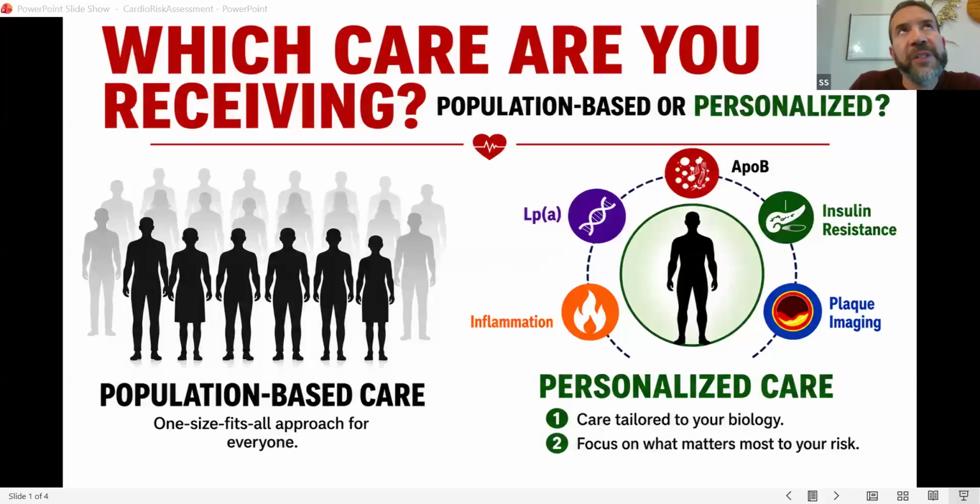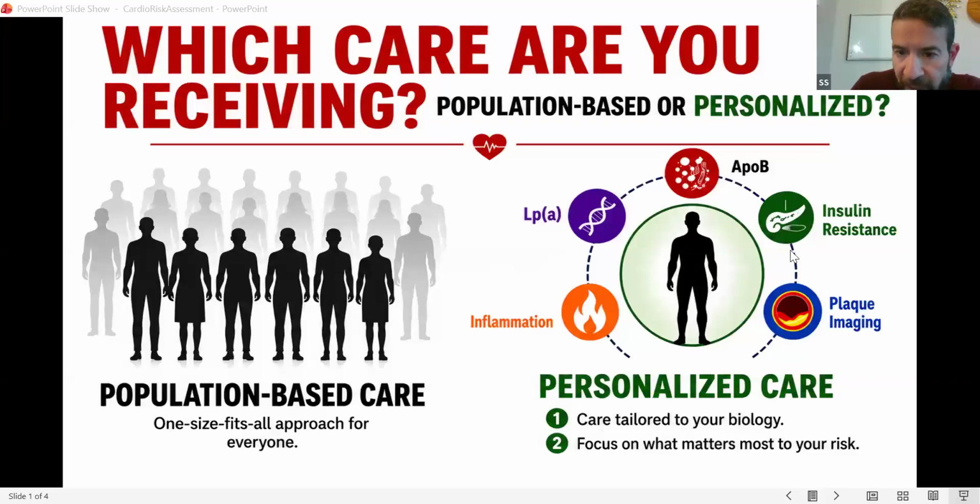Because of this approach, many people receive the same general recommendations and the same medications despite having different biology and different symptoms. This approach not only misses important diagnoses, but it can also delay detection, and most importantly, it can expose some people to unnecessary side effects.